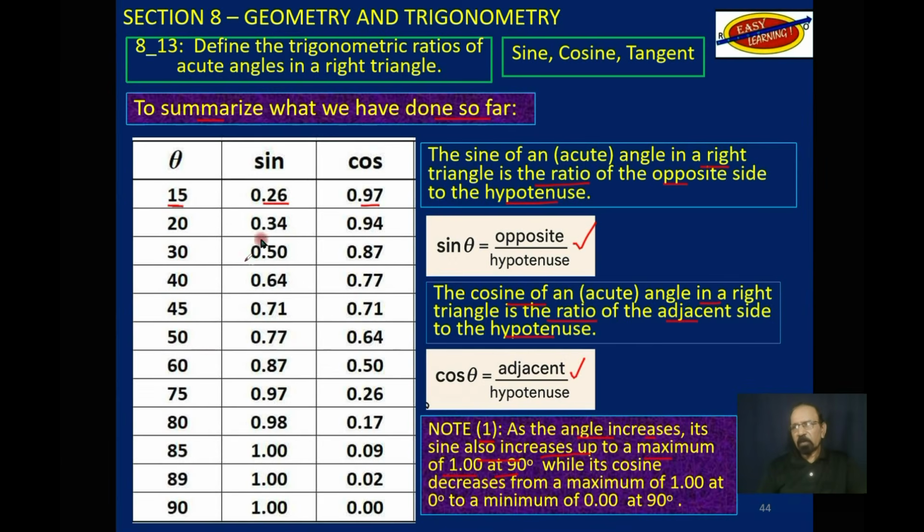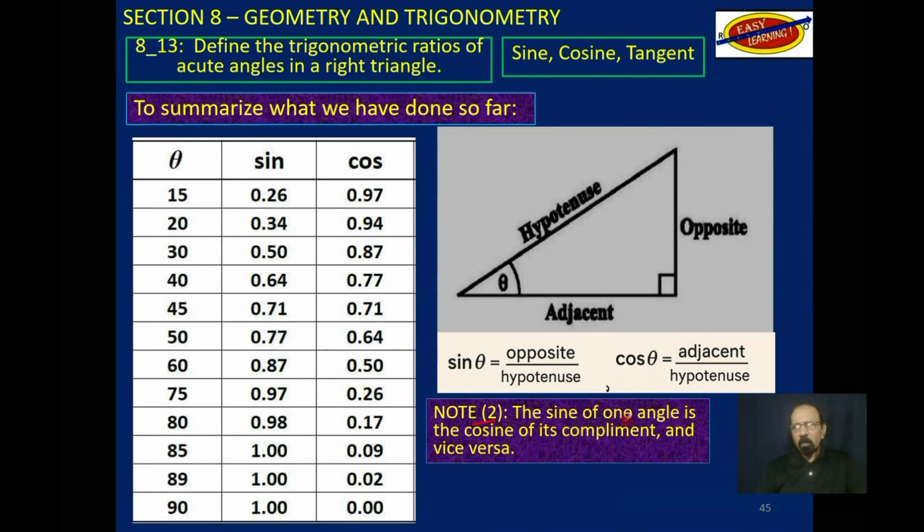While its cosine decreases from a maximum of 1.00 at 0 to a minimum of 0.0 at 90 degrees. So the sine increases up to 1, and the cosine decreases down to 0 as the angle increases.